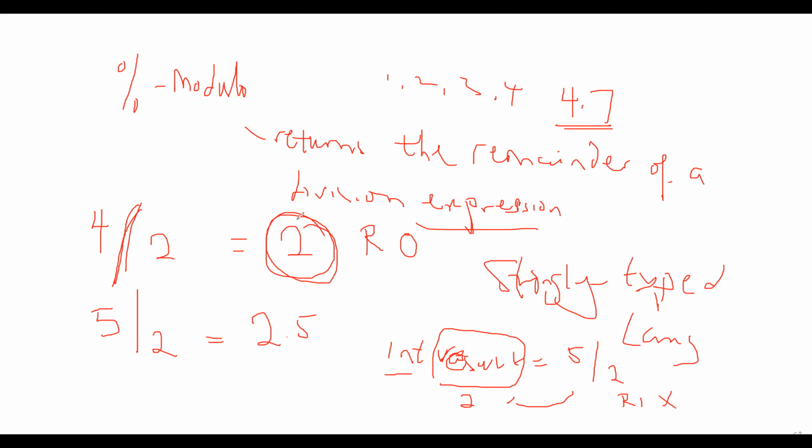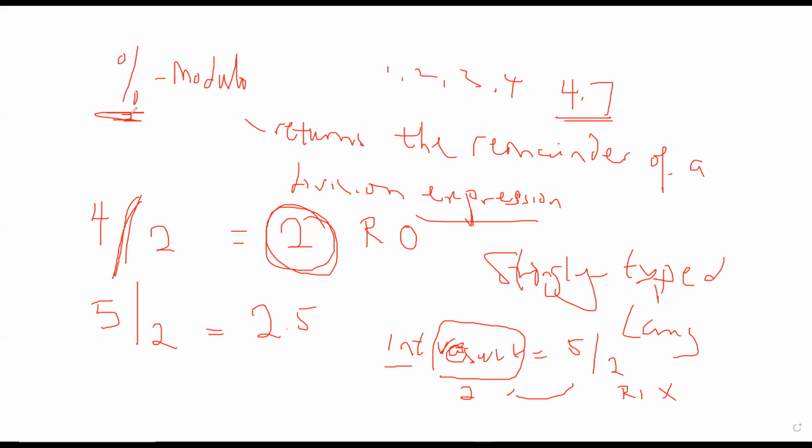So they came up with this operator: if you need the remainder, use this operator. So if I do int, for example, remain, and I do 5 modulo 2, what will be assigned to this variable is 1, because the result of this expression is 2 remainder 1.